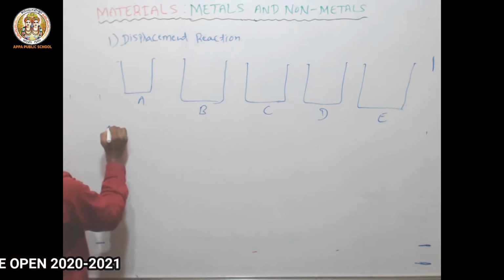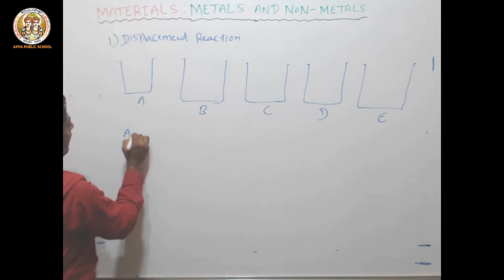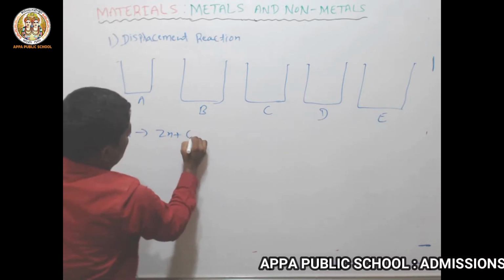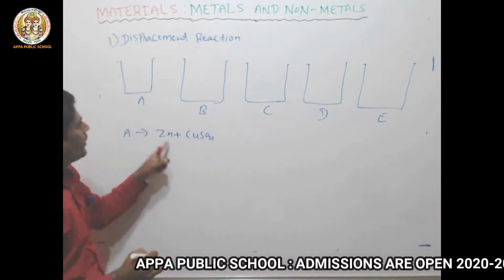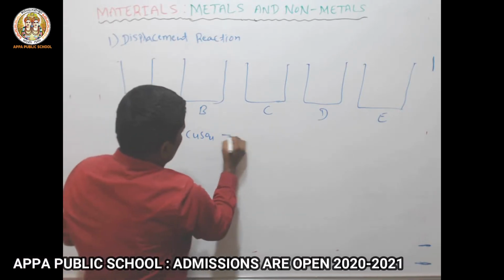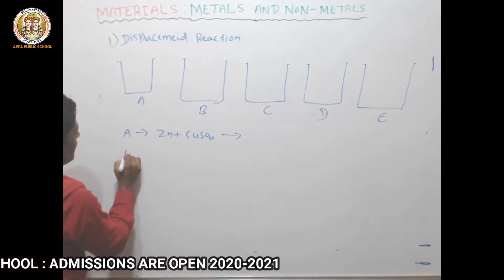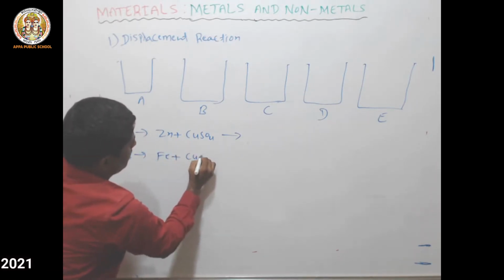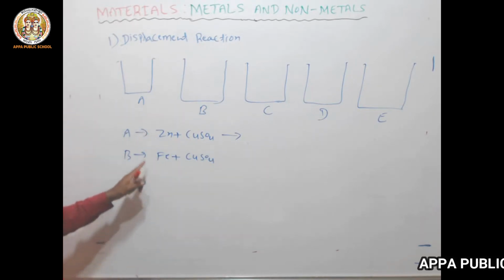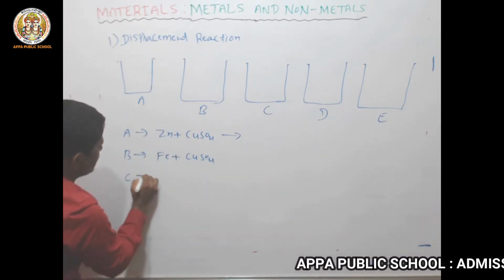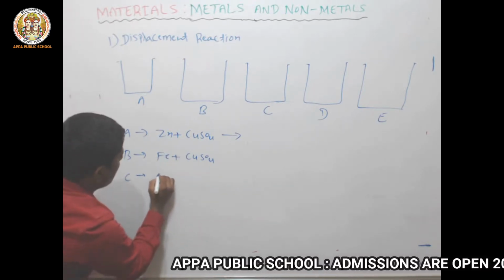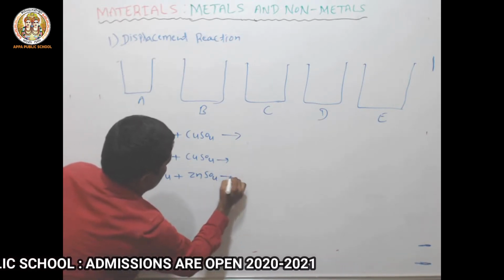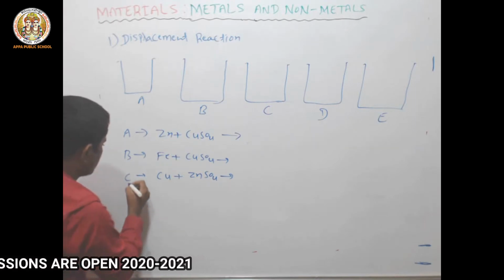In beaker A, we have to take zinc plus copper sulfate solution. What is the reaction, we will discuss. Next, beaker B, iron plus copper sulfate solution. Beaker C, copper plus zinc sulfate.